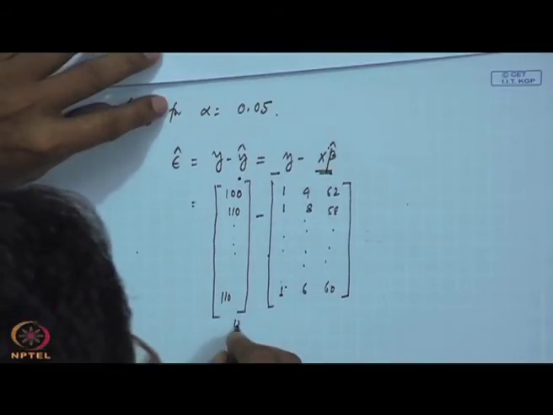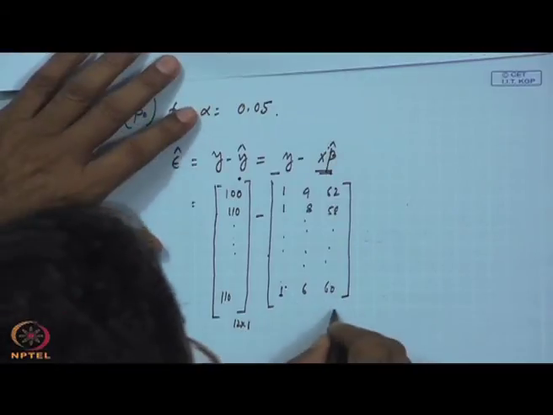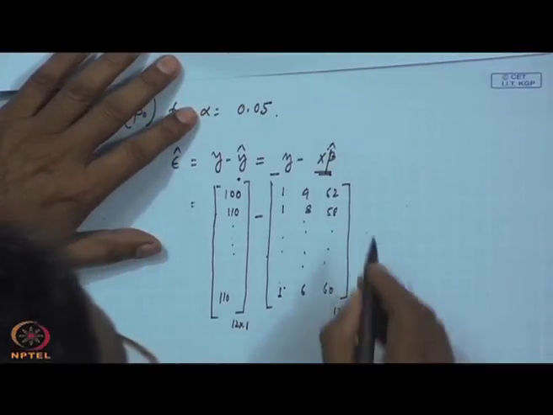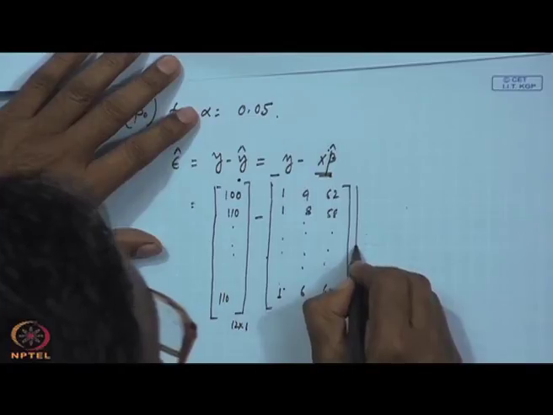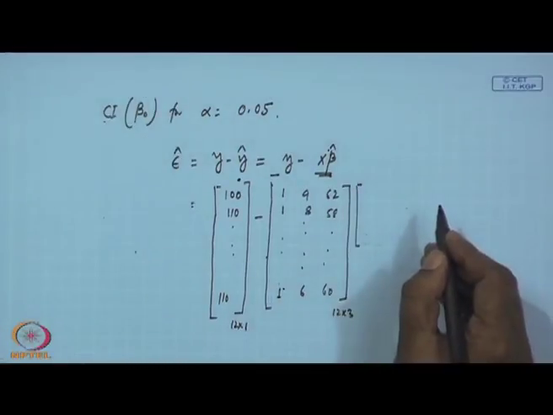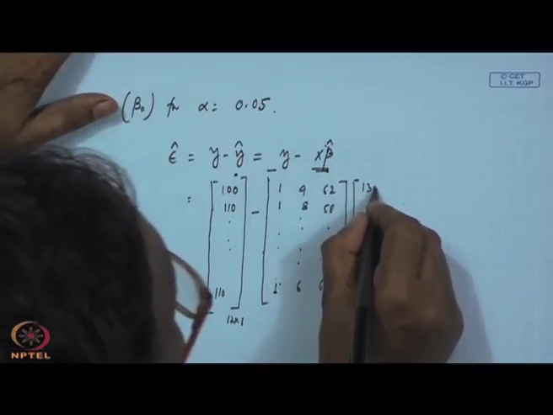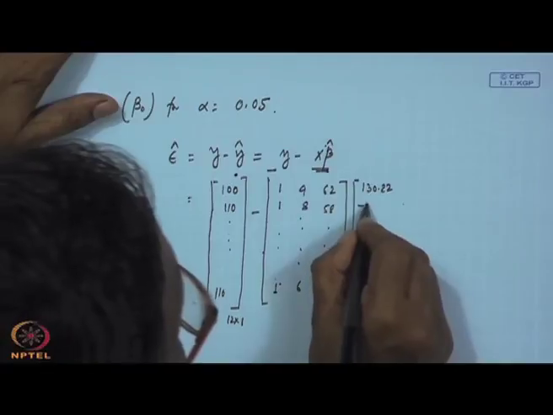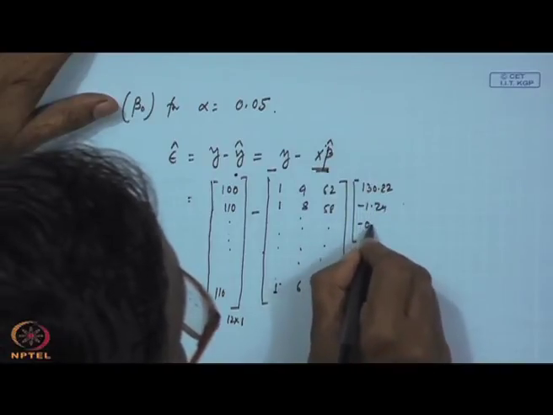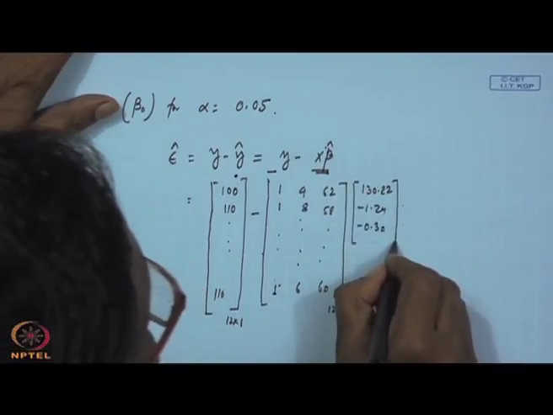So this one is 12 cross 1, this one is 12 cross 3. Then your beta cap value is already there. The beta cap values we found out, the estimated values, are 130.22, minus 1.24, minus 0.30.